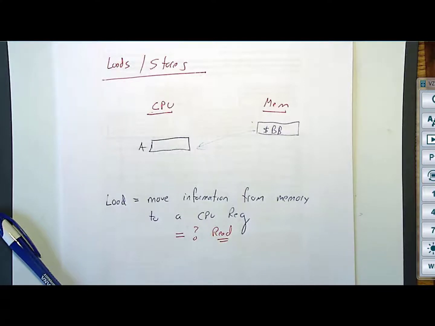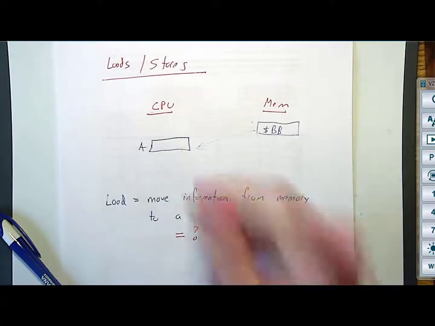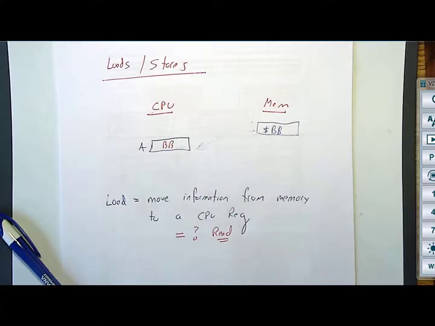In order to execute a load instruction, what did you first have to do? You had to fetch the opcode, and that was one read. Then you said, I need to go fetch an operand, which in this example is the data, and then I take that operand on my second read and put it into the register.